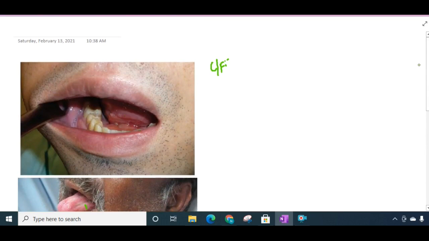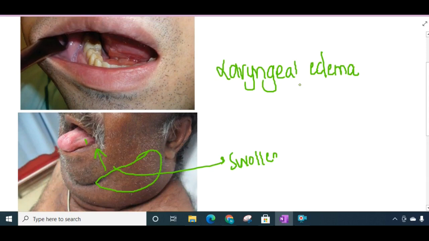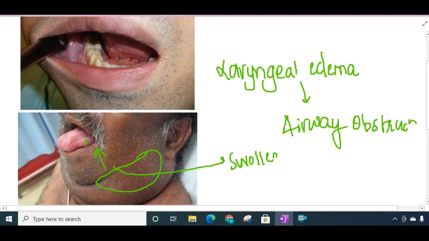Okay, here the patient presents with fever. He will sometimes have cellulitis, frank abscess can be seen, and this will progress to dangerous laryngeal edema, and this laryngeal edema will cause difficulty in breathing, or it can cause airway obstruction and difficulty in breathing, and thus it can even result in death of the person.